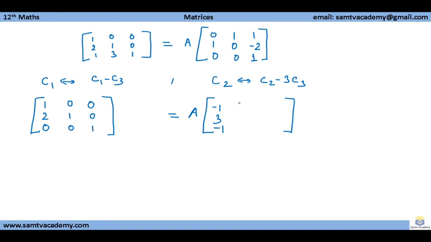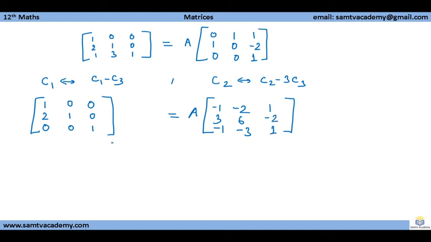Next C2 is replaced with C2 minus 3C3. So C2, 1 minus 3 is minus 2, 0 minus 6, so it will come to be 6, and 0 minus 3 is minus 3, and last column will remain as it is, 1 minus 2 1.